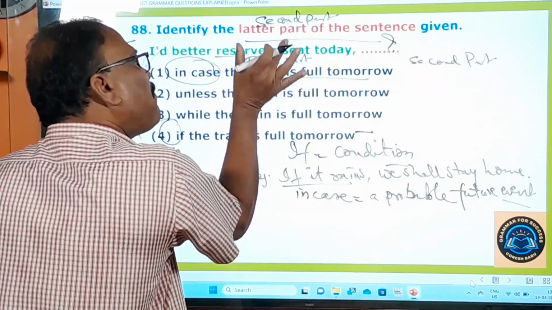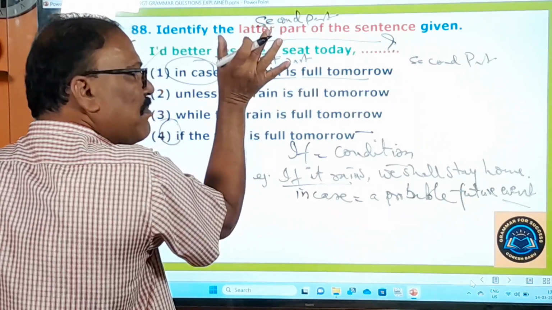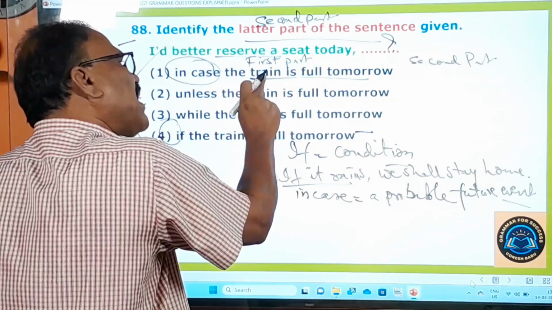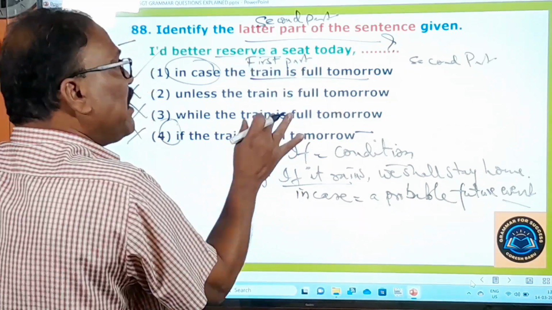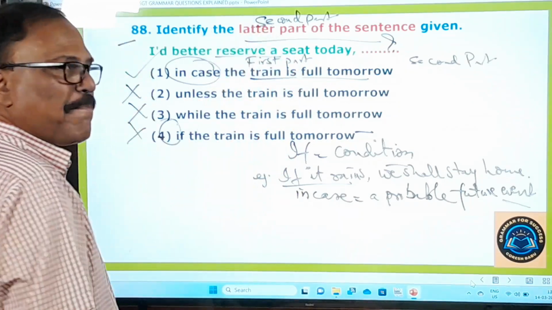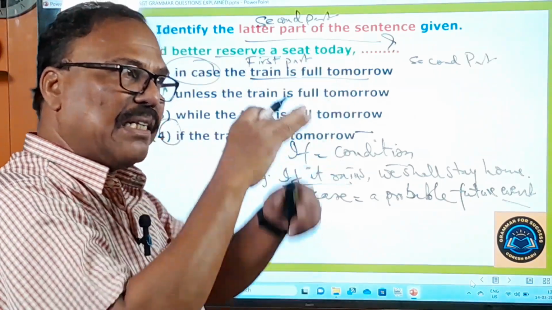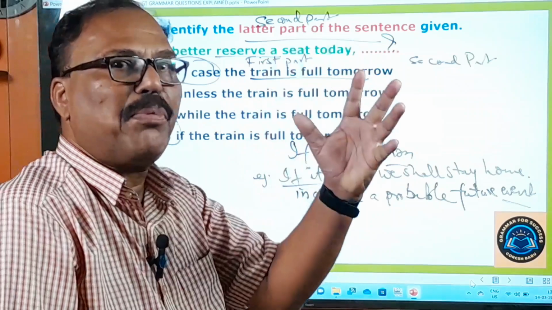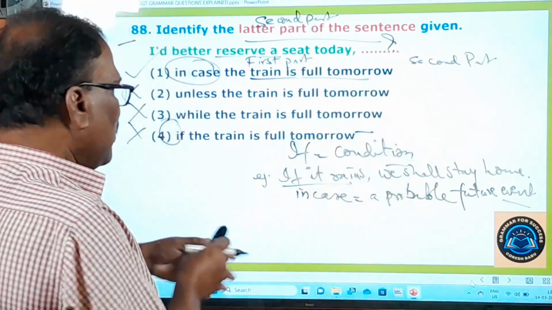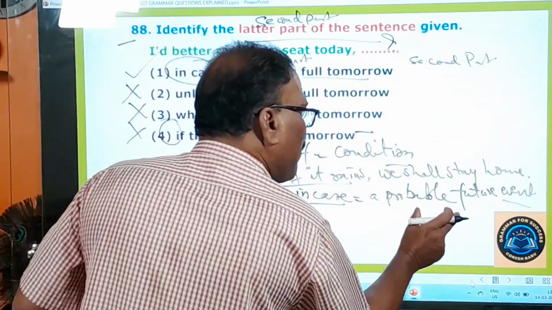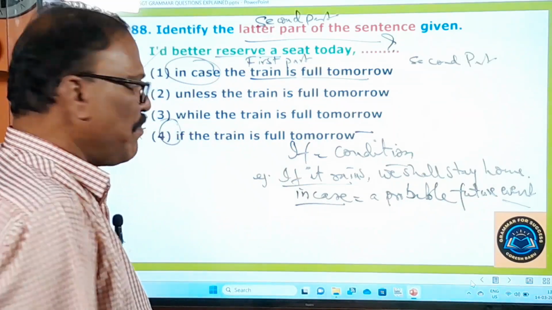It's a future probable event. This might take place or not, that's a different thing, but it's a probable event. Tomorrow the train is going to be full. That is a future probable event. So that's why this in case indicates a probable future event.